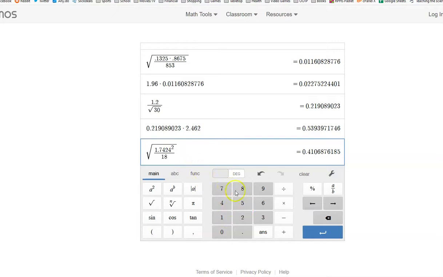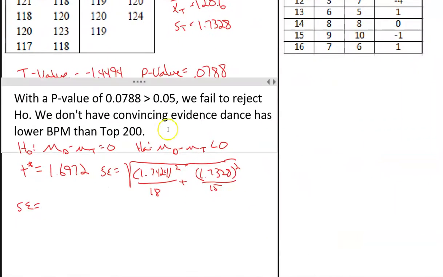And watch, I'm going to arrow over and stay inside there. And do that plus like that. And then do another fraction. 1.7328 squared over 15. And I get 0.6073.